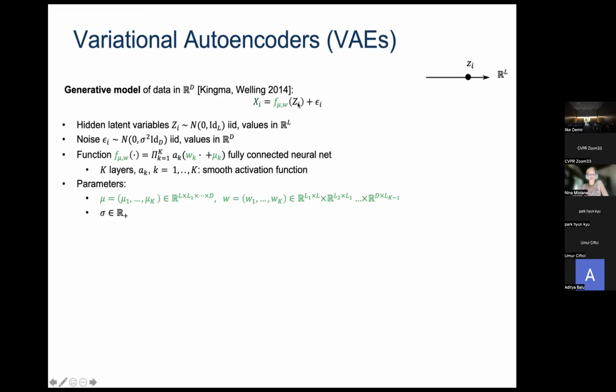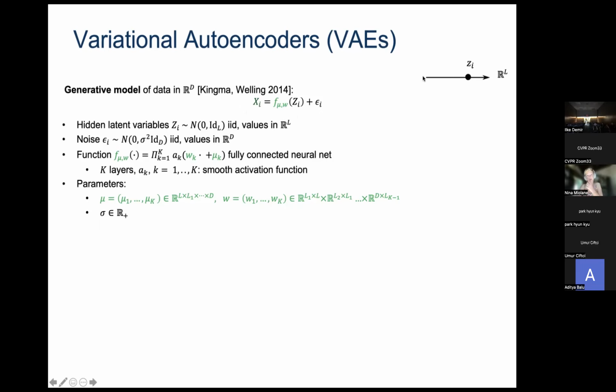This low dimensional representation zi passes through a function f with parameters mu and w. This function is usually represented by a neural network, called the decoder in the variational autoencoder, to which noise is added. That's the generative model that we assume has generated the data in a variational autoencoder.